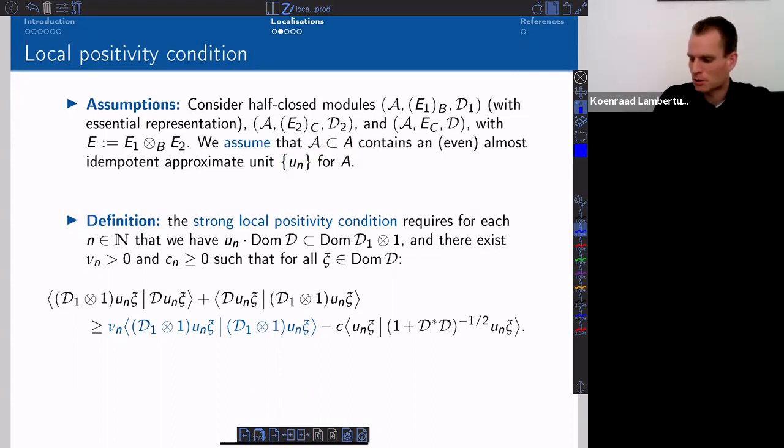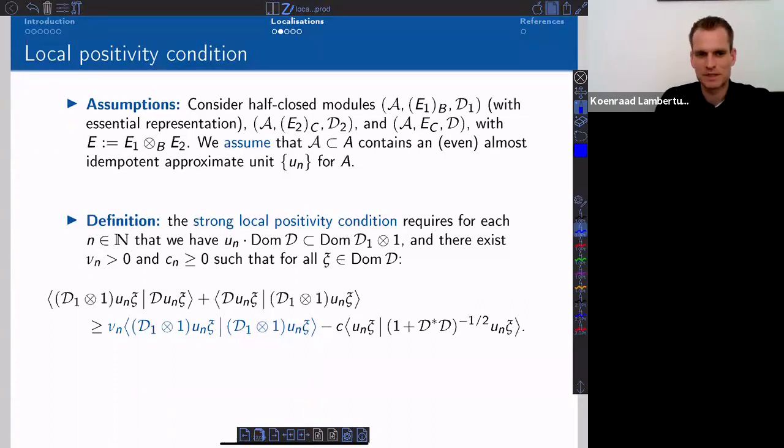First of all, it's local in the sense that everywhere I put this approximate unit in the inner product. I don't apply these operators globally on the domain of D, but I always localize this element xi in the domain of D to the support of UN, and then I consider the condition there on the support of UN. So this is just the localization step.